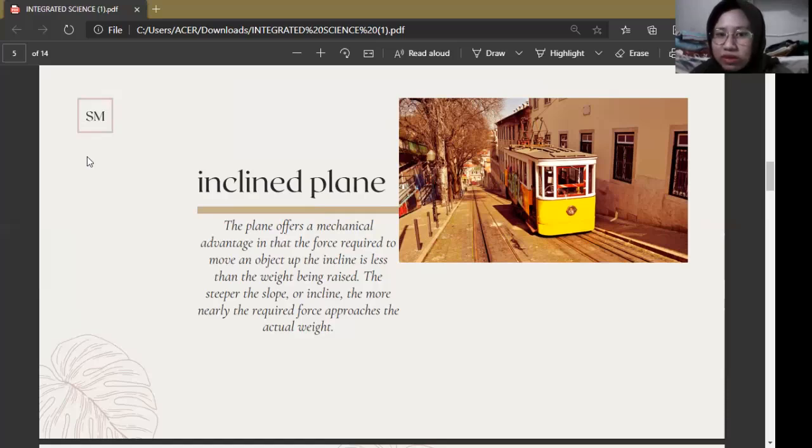The steeper the slope, or the more inclined it is, the more nearly the required force approaches the actual weight. This is a very complicated phrase. To make it easier to understand, it's actually a very inclined track. The more inclined it is, the easier it is to move.